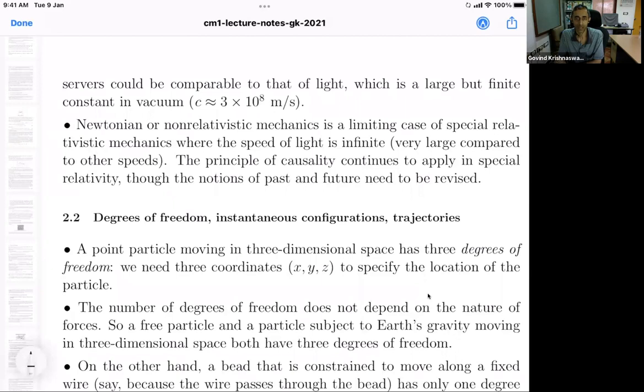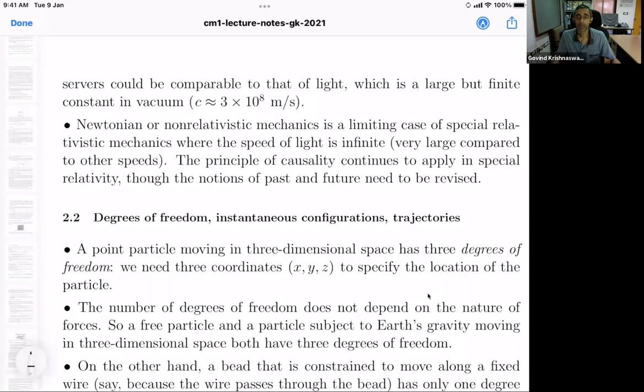Lengths of meter sticks, time interval between ticks of a clock are again all the same for all observers. Masses of particles are the same in different frames for different observers. And we also mentioned the principle of causality, which is a general principle, namely that cause precedes effect.